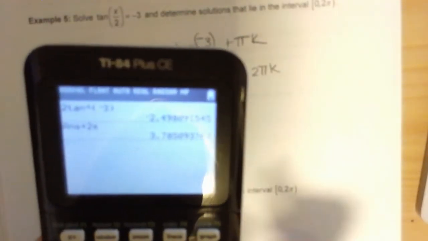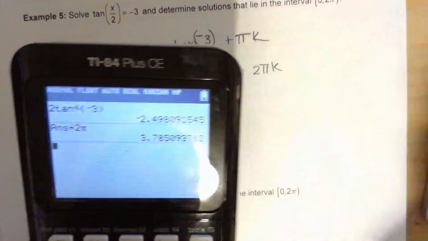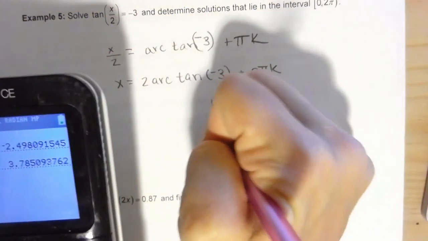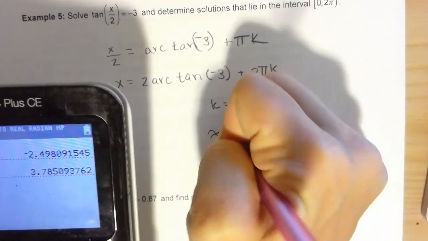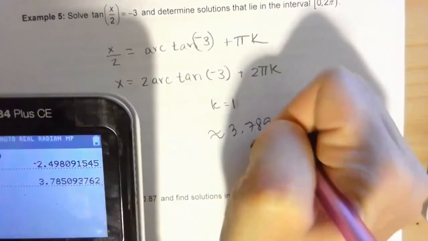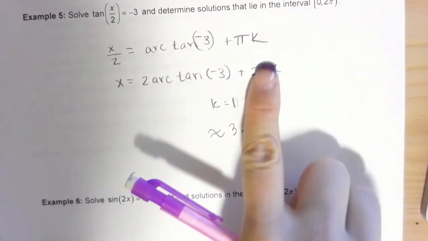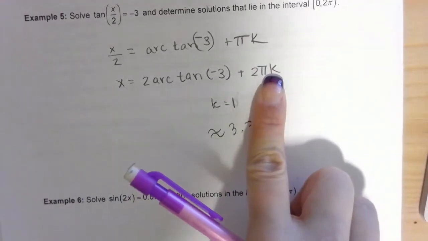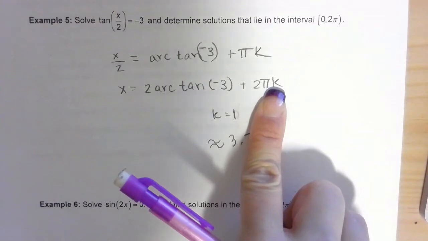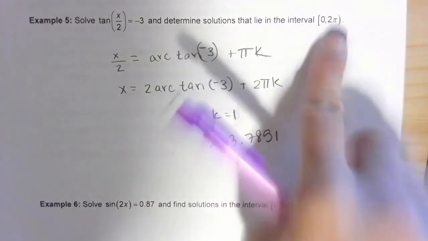So put that in on your calculator. Maybe you guys can see that now. I know it's kind of blurry. There we go. And then our answer is 3.7851. Okay, so even though it seemed that our k would have been 0, we need to keep in mind that when we plug it in, it's a negative. It's not on our interval. Okay.